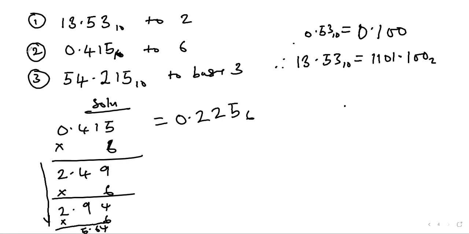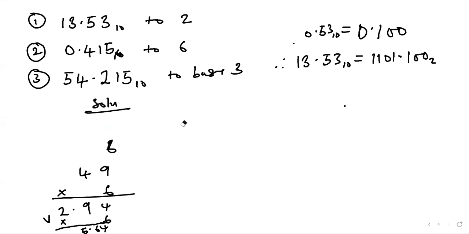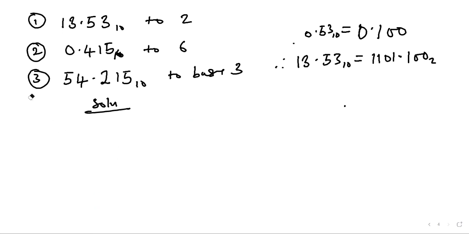We do the last one, 54.215. So I'll split it into 2. First part is the whole number part, 54.